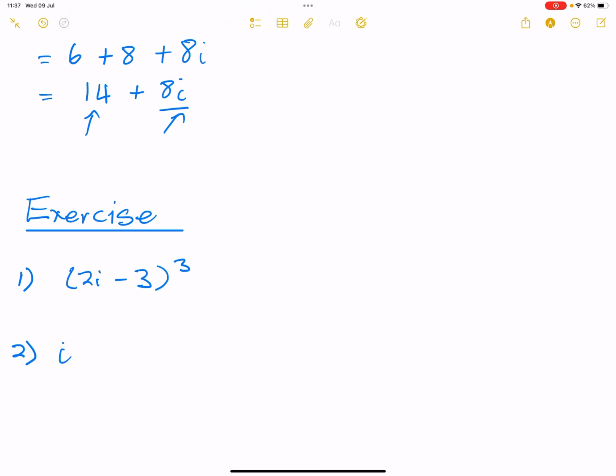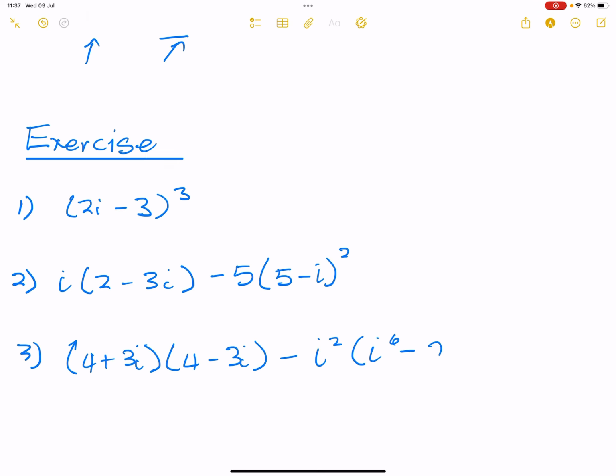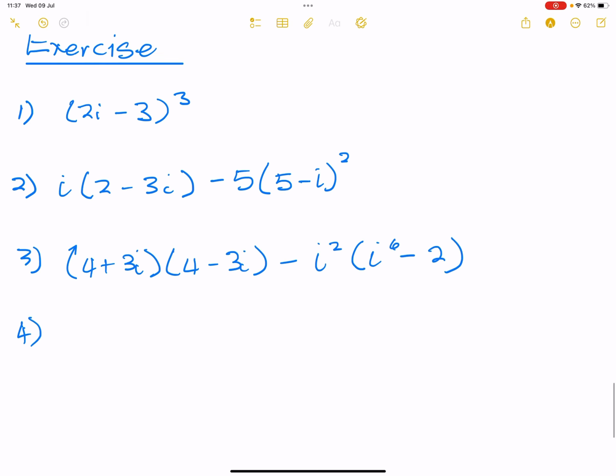Okay, and let's take i times 2i, 2 minus 3i, minus 5 times i to the 6, and almost done.